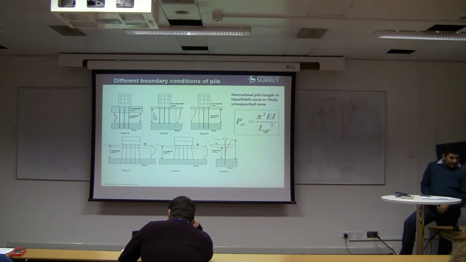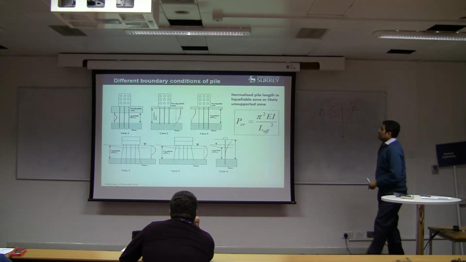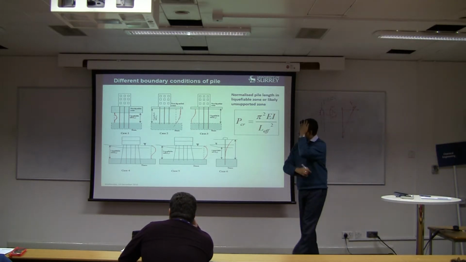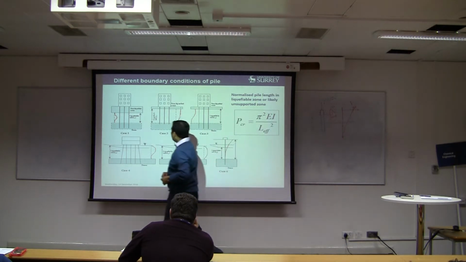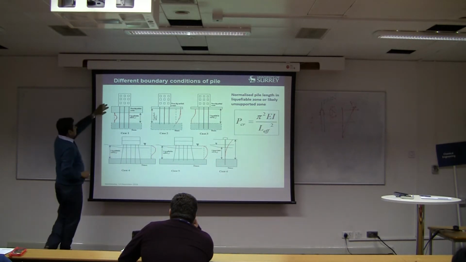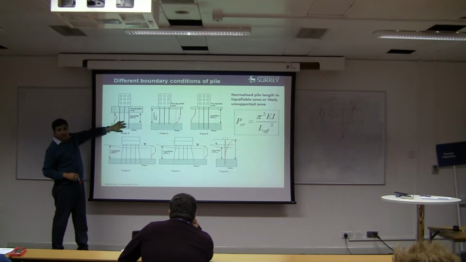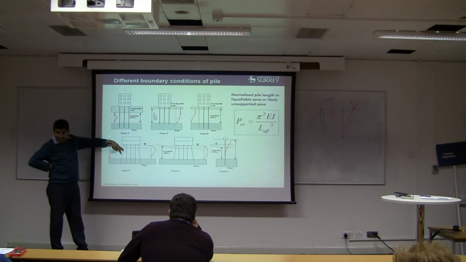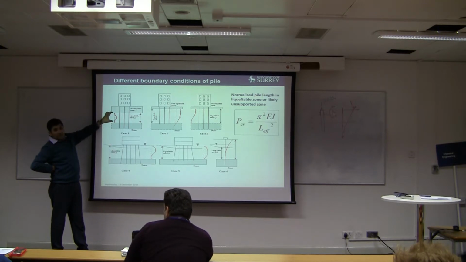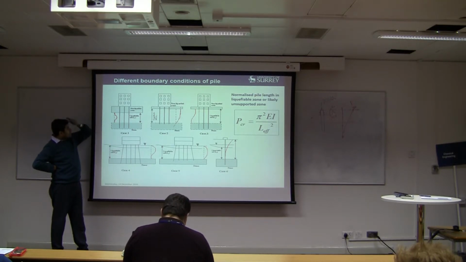So here are the different boundary conditions for different cases. You can have a case where a building is there, and you have a pile resting in a non-liquefiable dense layer very deep. This part liquefies, and here is the non-liquefied crust.